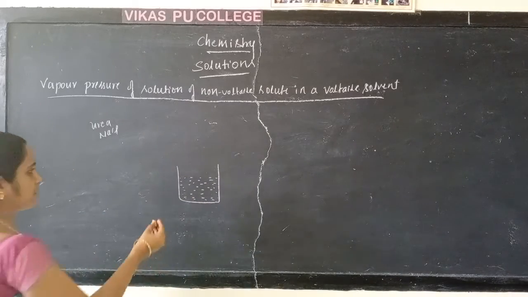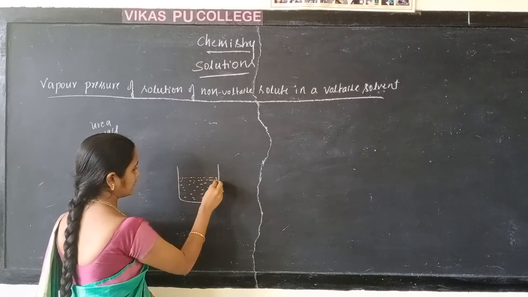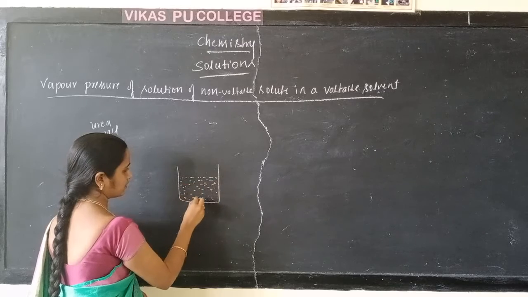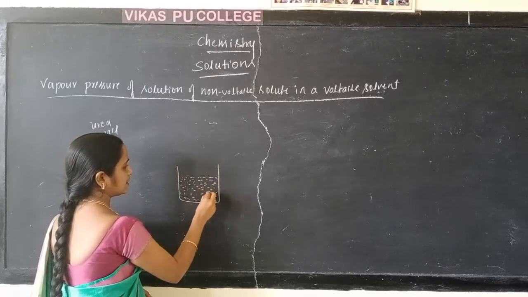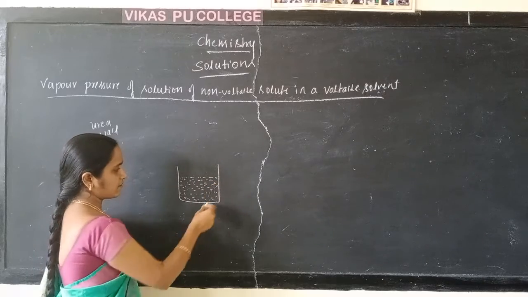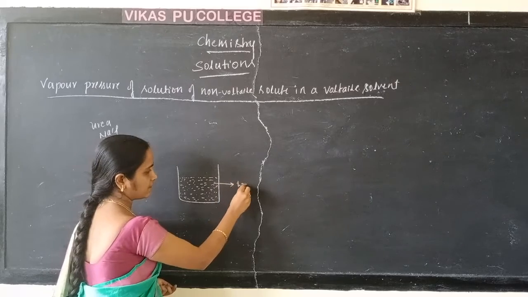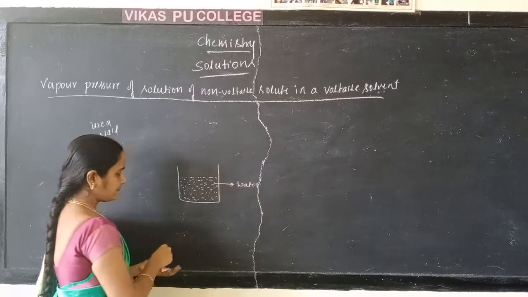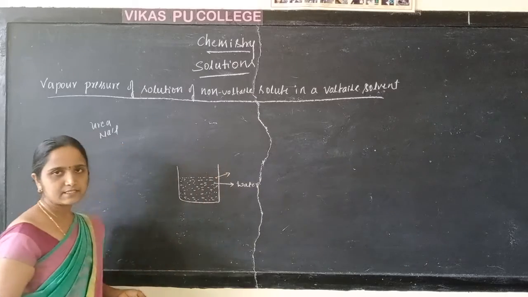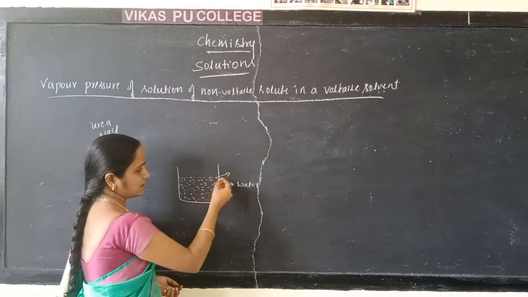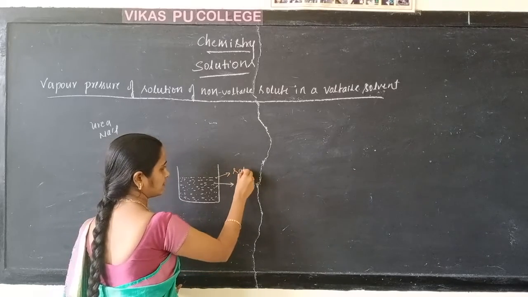Here, whatever I mentioned in white chalk is the solvent, which we take as water. What I mentioned in orange color, you just consider it some solute, that is non-volatile solute, such as urea or salt. We will take the salt.